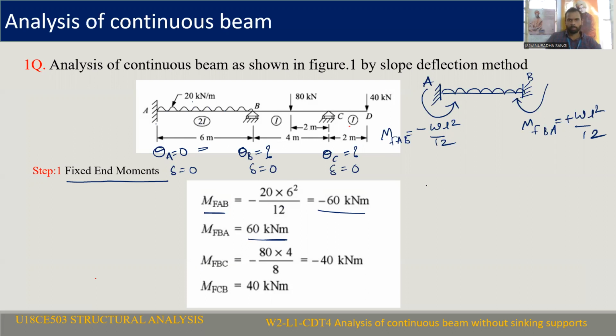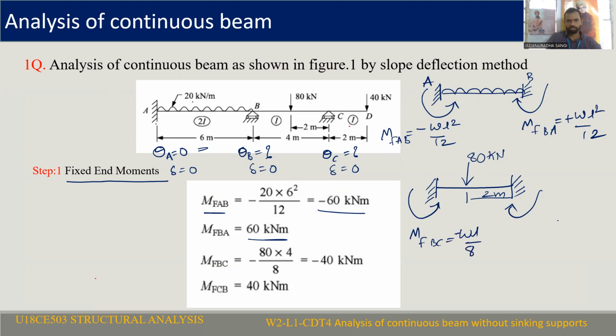Now consider BC span. BC span is subjected to a concentrated load of 80 kN, a symmetrical point load. For the symmetric point load, we can calculate fixed end moments. MFBC will be equal to minus WL by 8, and MFCB is equal to plus WL by 8.